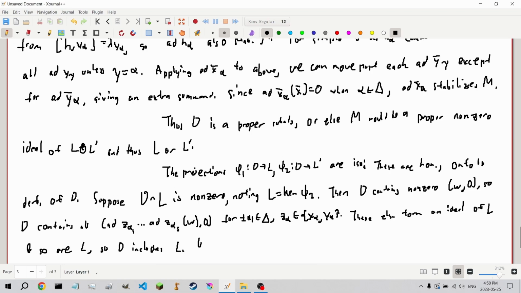By symmetry, D includes L prime, so all of L plus L prime, which we already know is not the case, so the intersection with the kernel has to be 0, so it is an isomorphism.